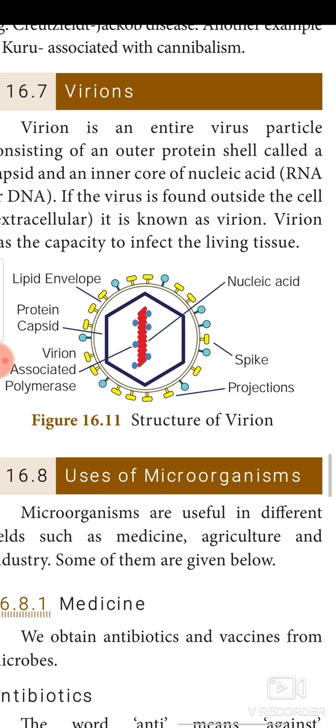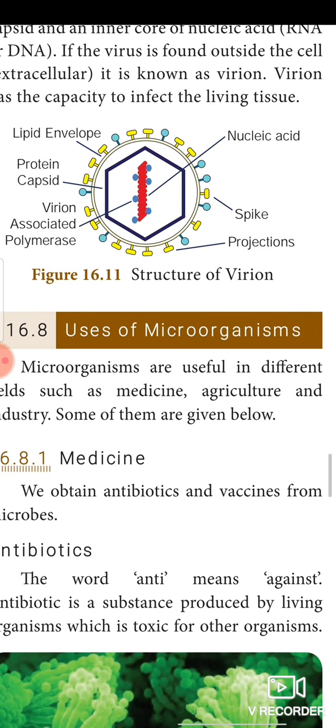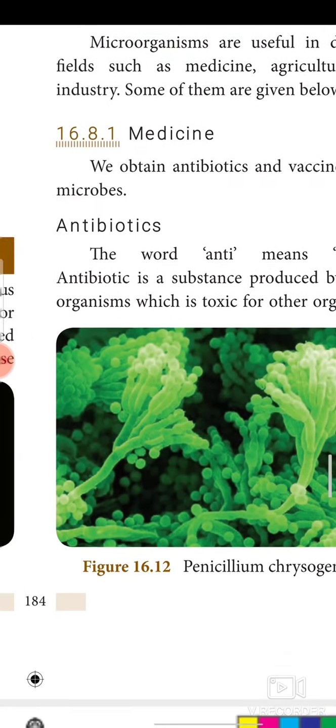Anti means against. An antibiotic is a substance produced by a living organism which is toxic for other organisms. I repeat, an antibiotic is a substance produced by a living organism which is toxic for other organisms. Antibiotics were first invented by Sir Alexander Fleming.